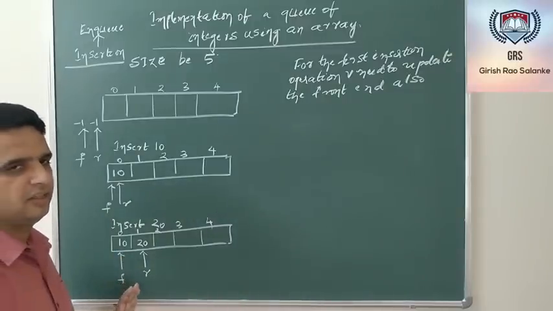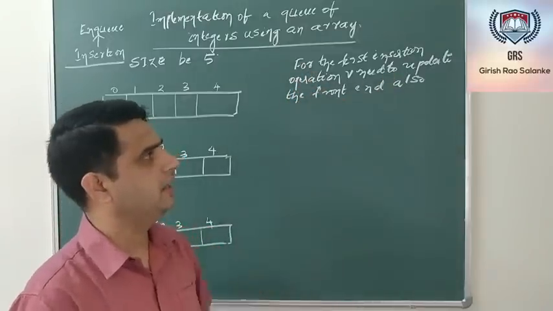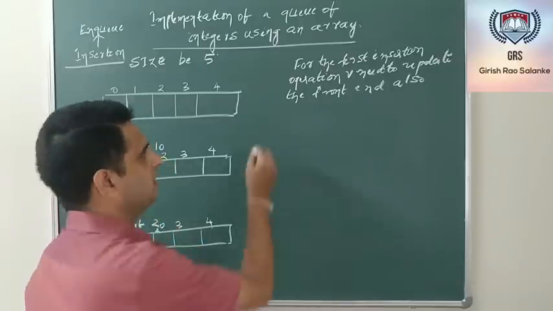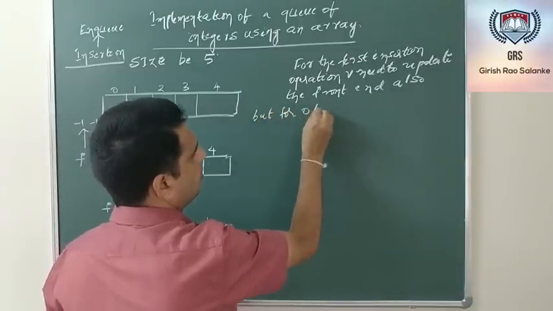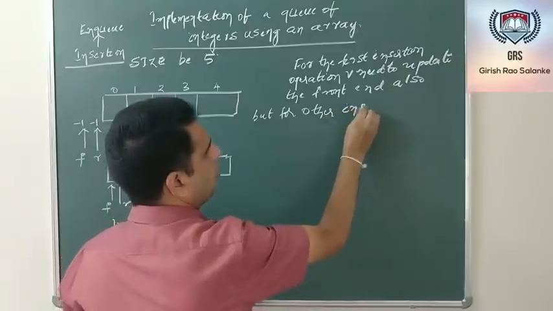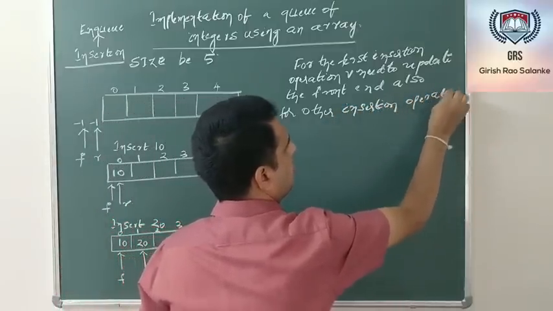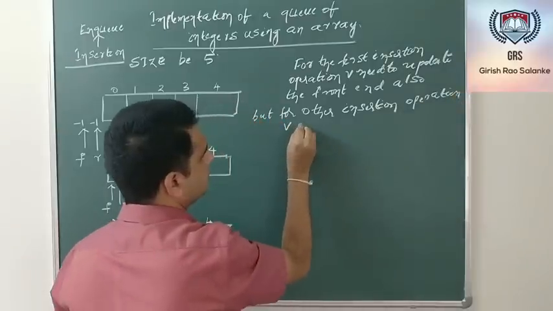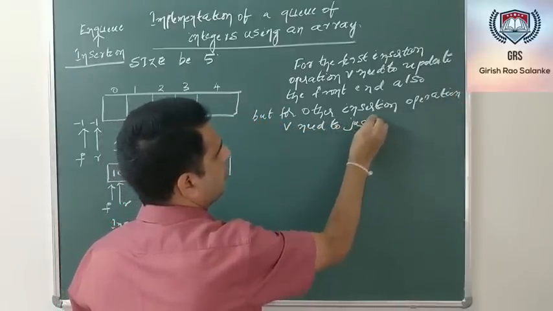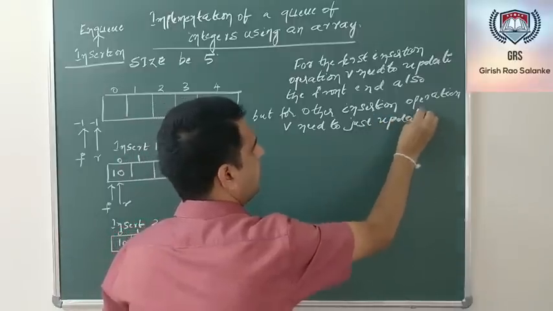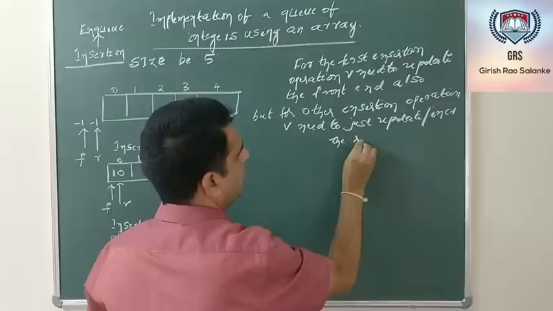Front end will be as it is. So note that only for the first insertion operation do we need to update the front end. But for other insertion operations, we need to just increment the rear end.